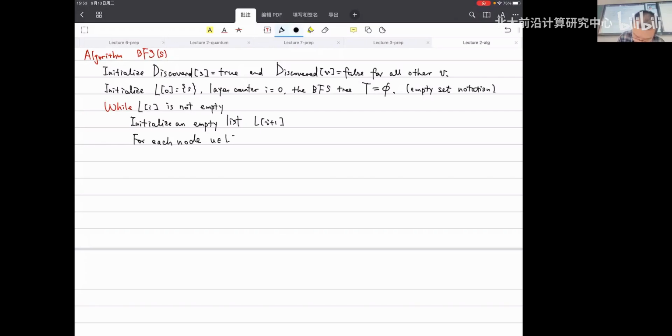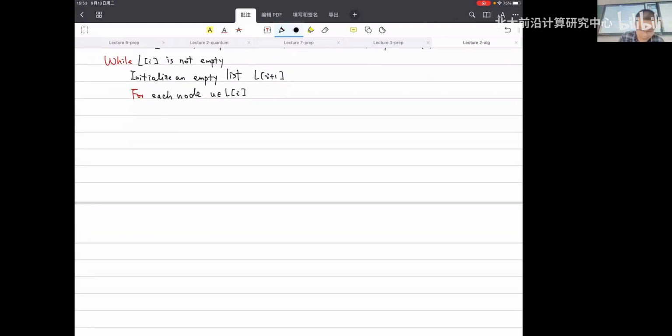who belongs to Li. Maybe let me actually use a red color here to make everything clear. So we just consider each edge UV that belongs to the edge set.